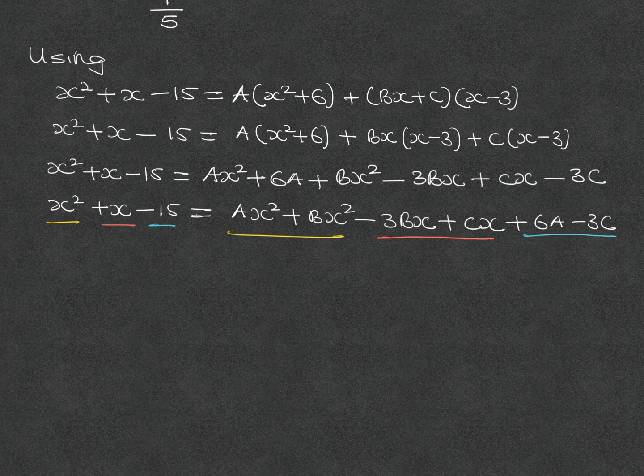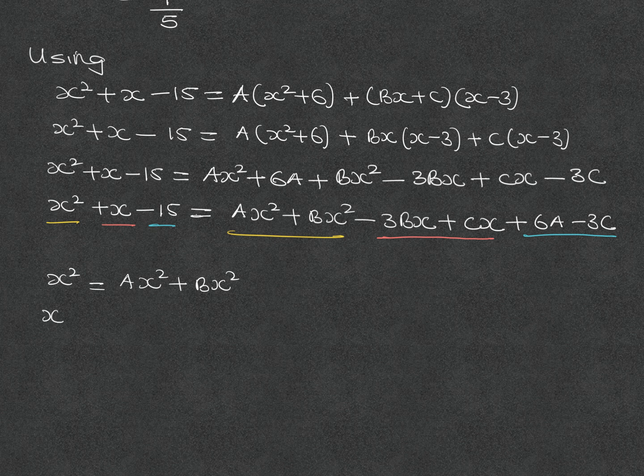Okay, so with that we will say x squared is equal to ax squared plus bx squared, right? So x squared is the same as 1x squared, right? Now what is common here is x squared. We can factorize that out.